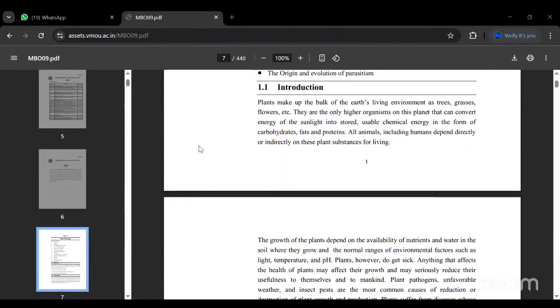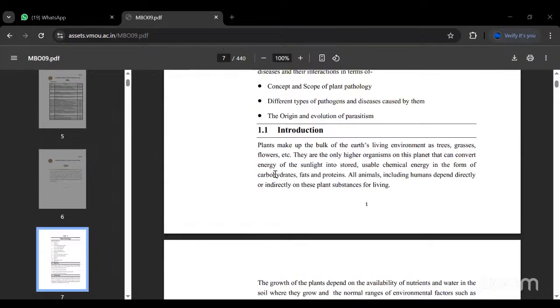First one, plants. Plants make up the bulk of Earth's living environment as trees, grasses, flowers, etc. They are the only higher organisms on the planet that can convert the energy of sunlight.